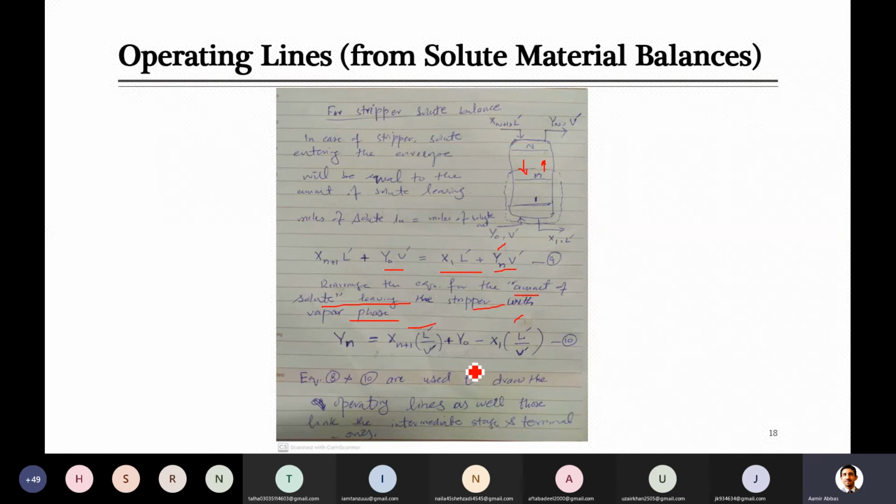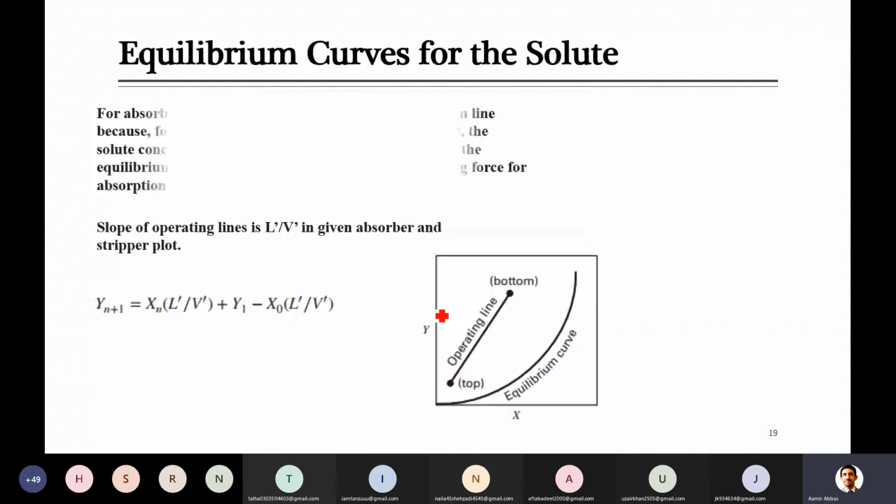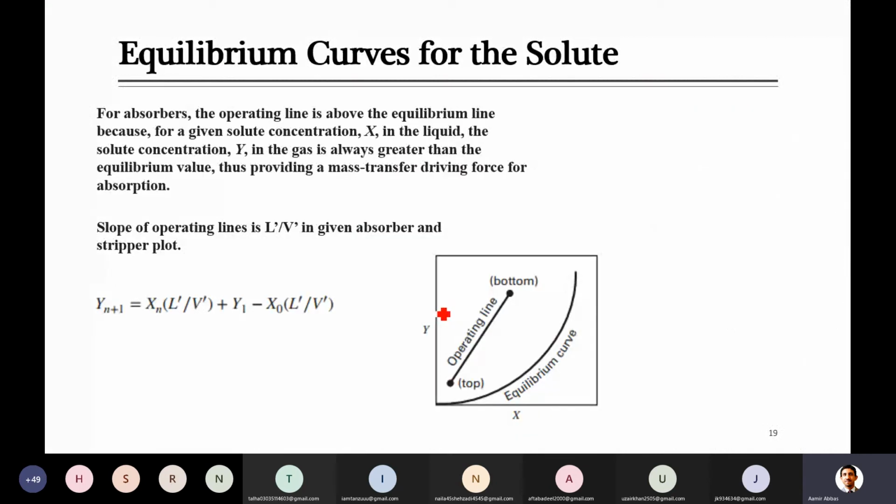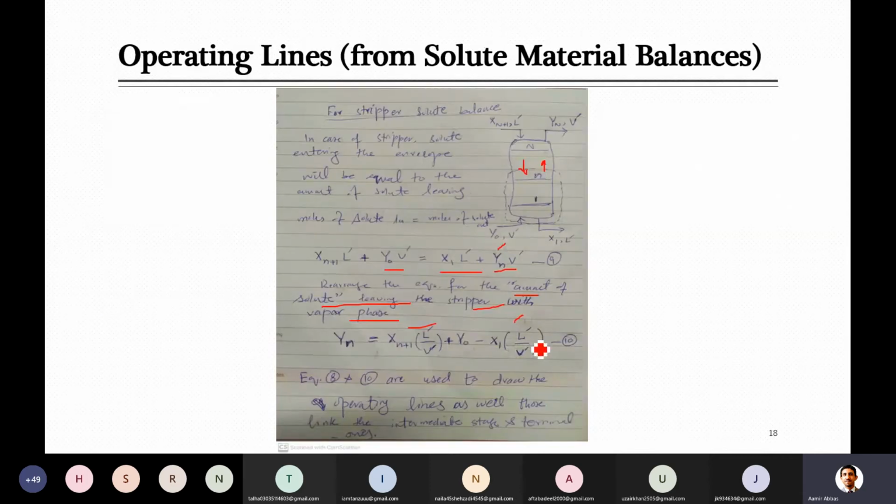They are actually linking your intermediate stages with the terminal one in the form of this balance. You can see that we can link the terminal with the intermediate stages. So when you know these equations, either equation 8 or 10, and if you know a number of the parameters, for example, as I said, when we have to start the design we should be aware of the flow rate.